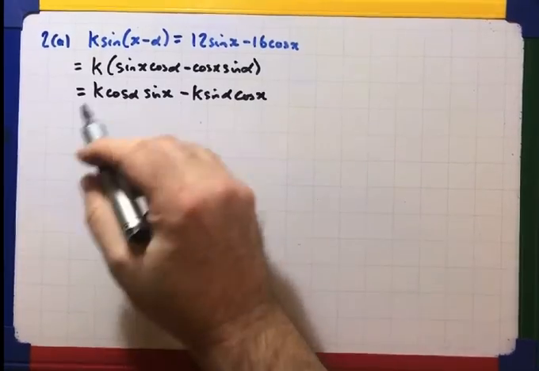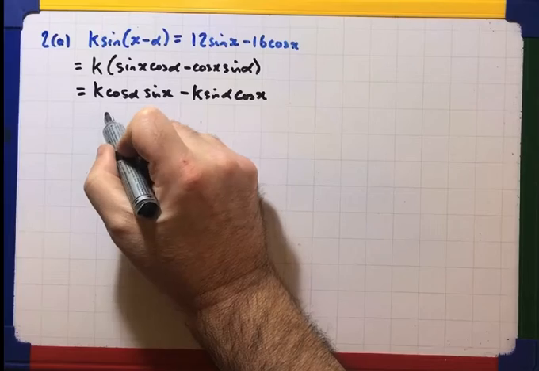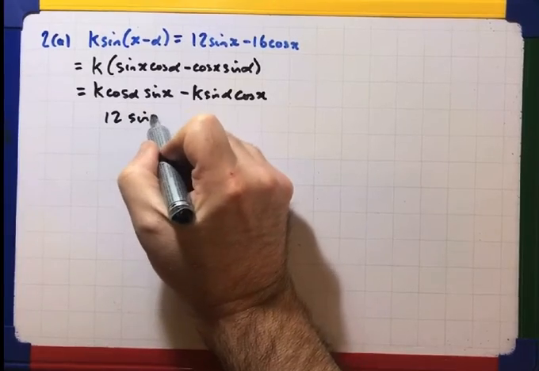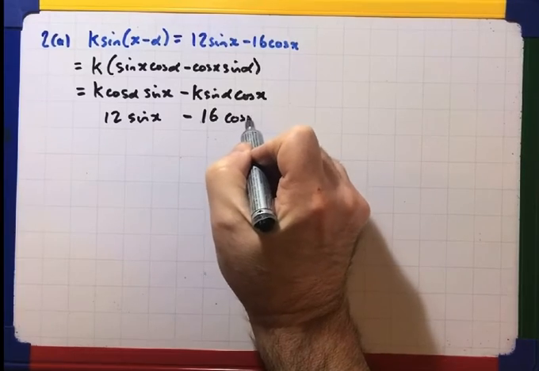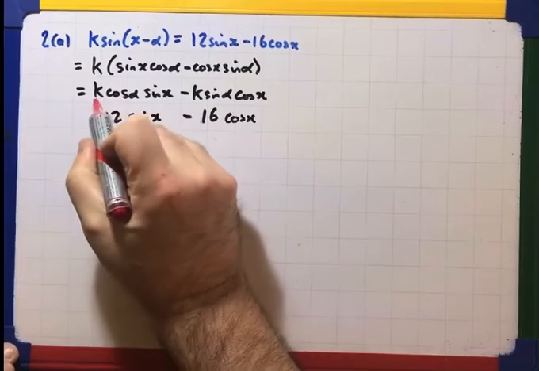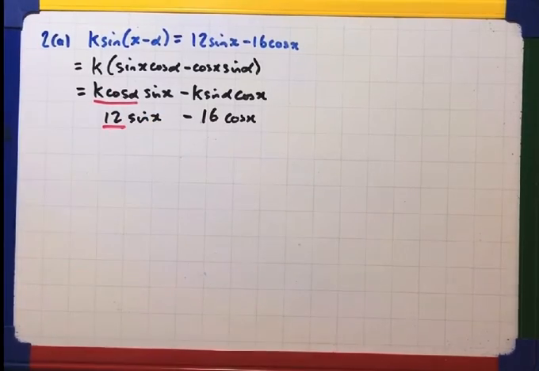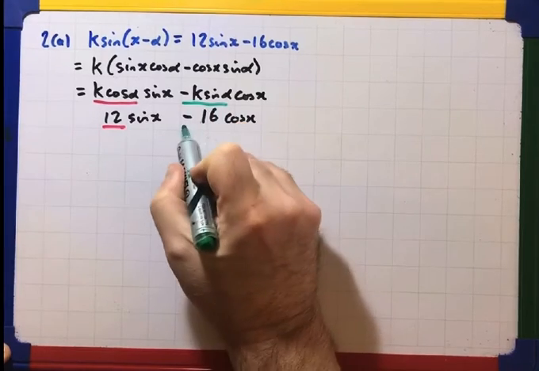So let's compare it. This thing was 12 sine x minus 16 cos x. So again, we've got that equals that, and that equals that.